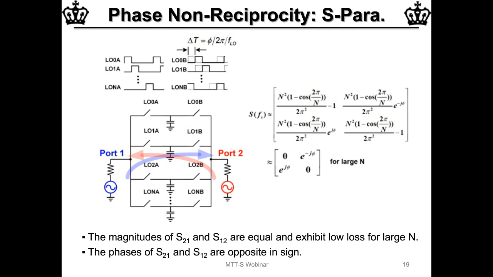And when this non-reciprocal phase shift is 90 degrees, then you have essentially a 180 degrees phase shift between the forward and reverse direction, meaning this has essentially realized Tellegen's gyrator. This is the first realization of Tellegen's gyrator on chip without using magnetic materials.